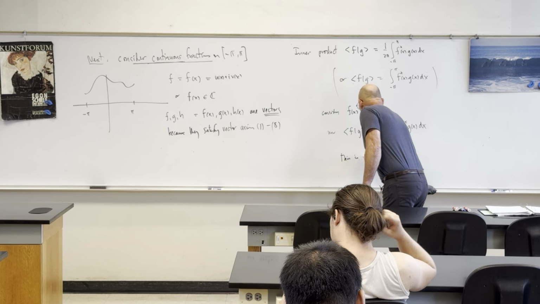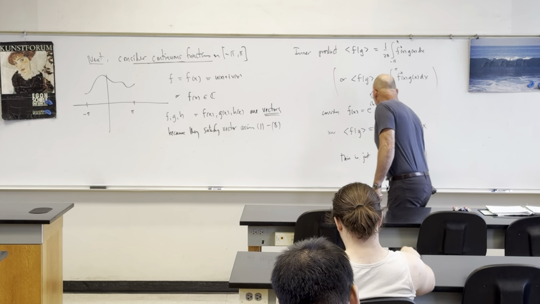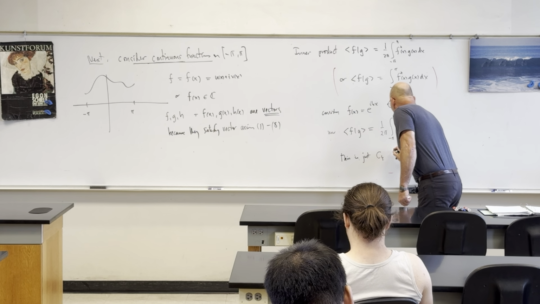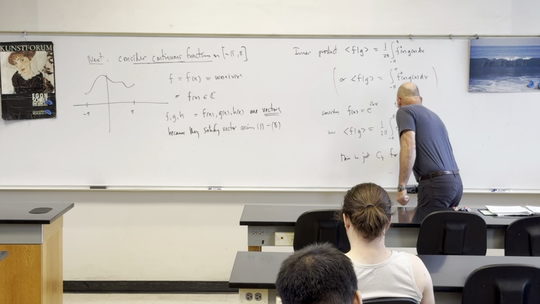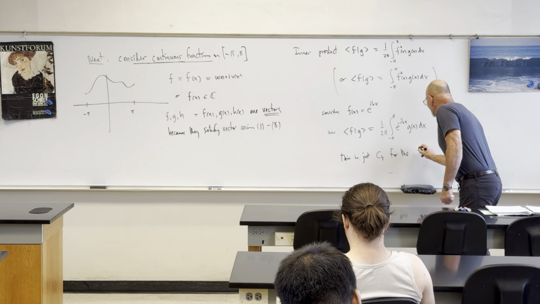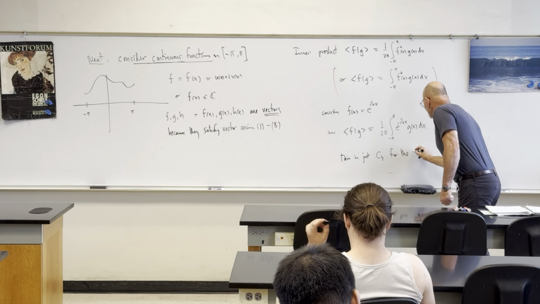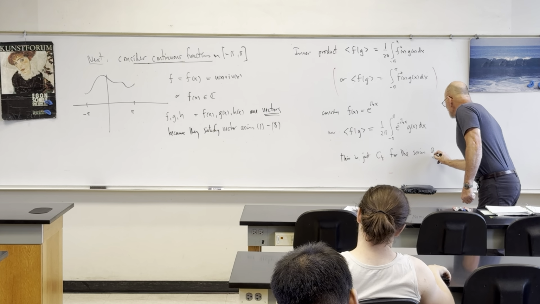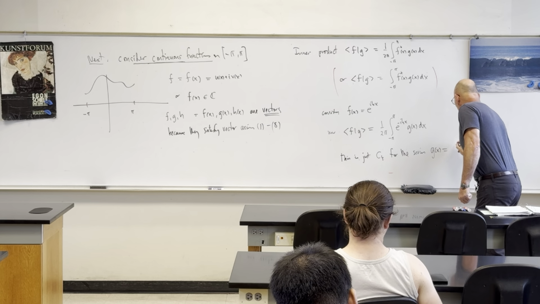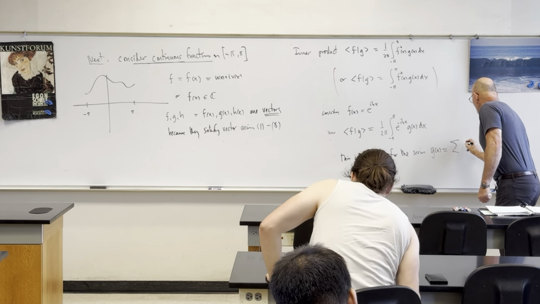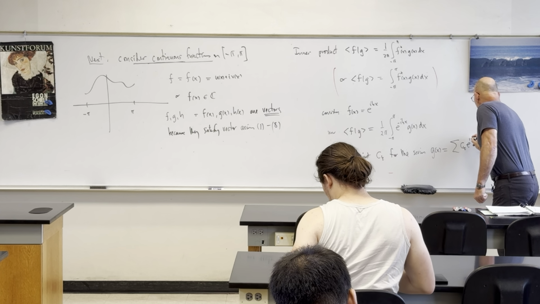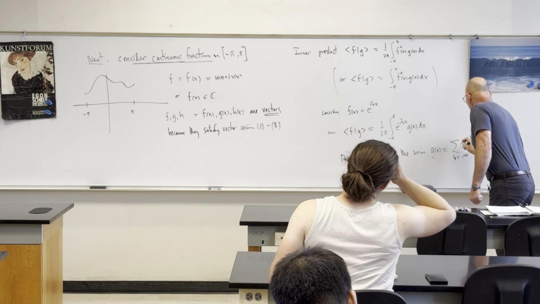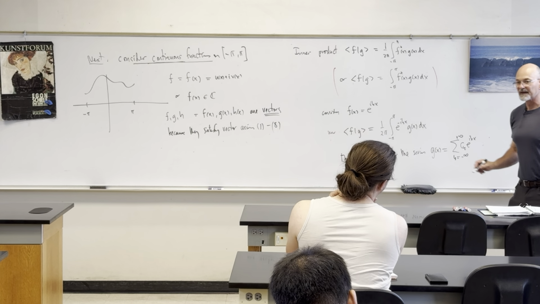So this is just c sub k for the series expansion g of x equals the sum over c sub k e to the i k x, k equals minus infinity to plus infinity.